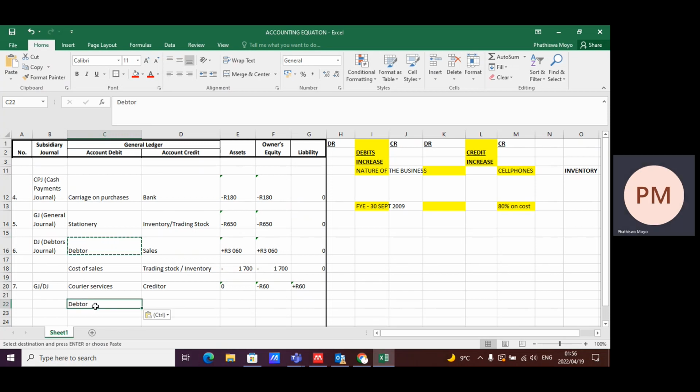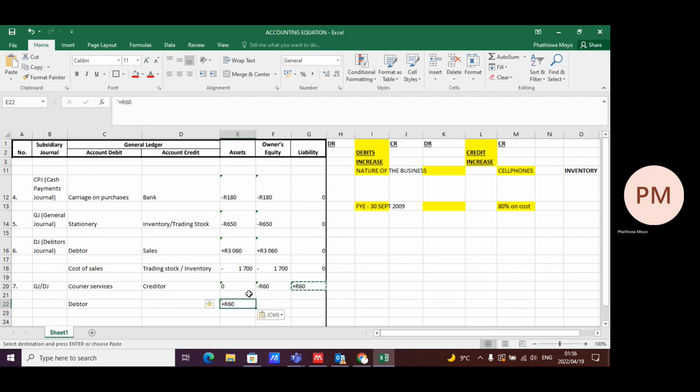I would have the debtor. Which account would I have to credit? I would use courier services.